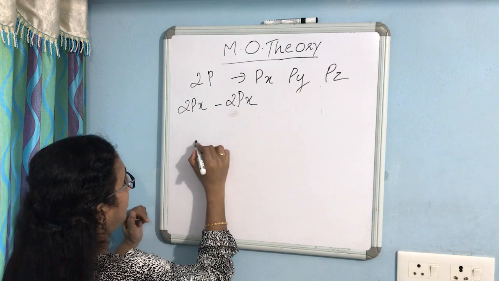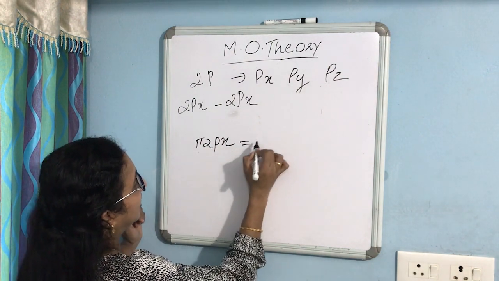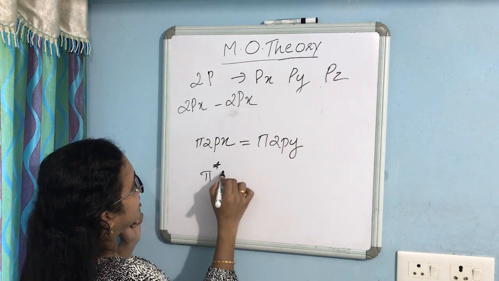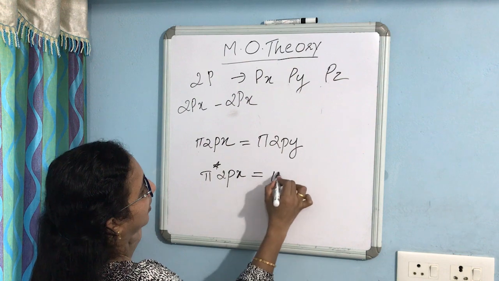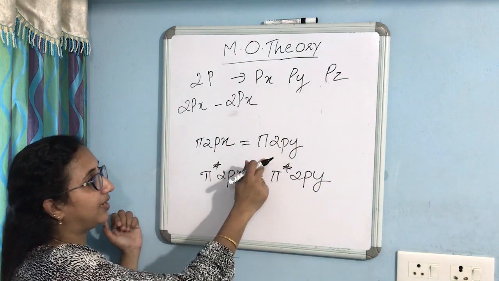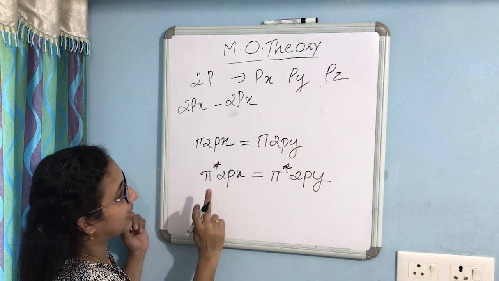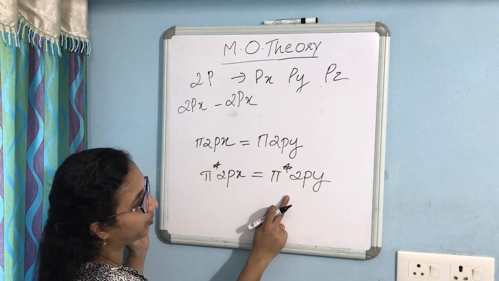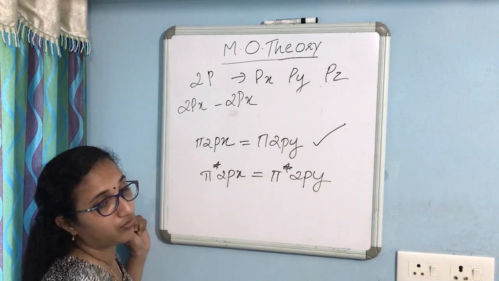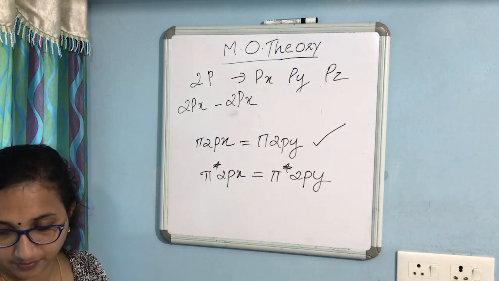So we can say pi 2px and pi 2py have the same energy, and their corresponding anti-bonding orbitals will have the same energy. The same way pi star 2px and pi star 2py have the same energy. Among the two sets, the bonding will be of lower energy than the anti-bonding molecular orbitals.